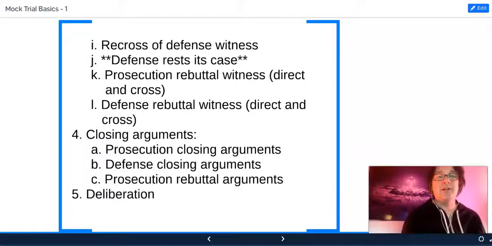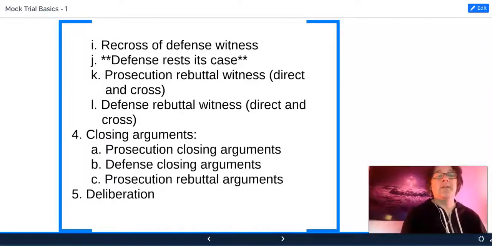After that, the prosecution may call, they don't have to, but sometimes they will call a rebuttal witness. A rebuttal witness is a witness that is called to refute some testimony or some evidence that was brought up during the defense's case.